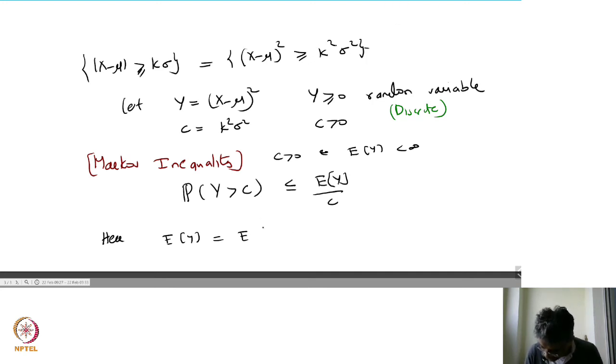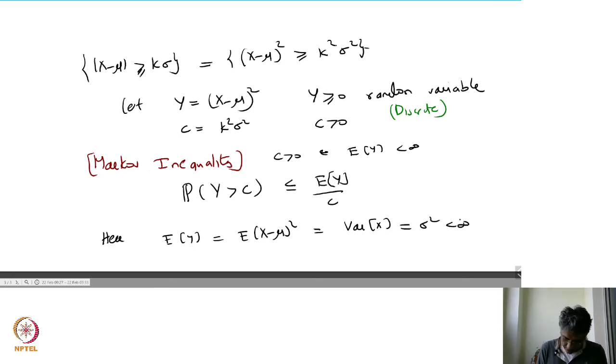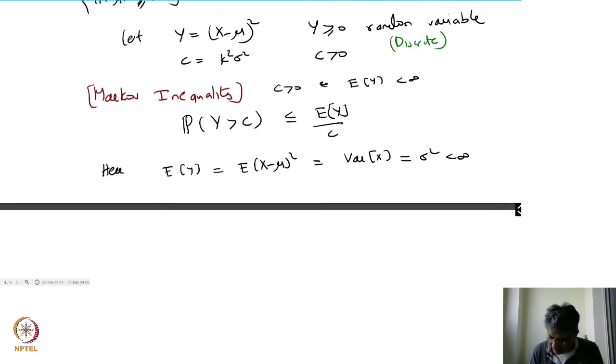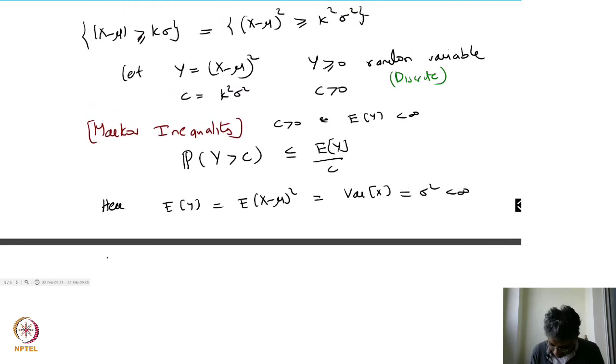X minus mu whole square. And that's just the variance of X, which is sigma squared, which is finite. So therefore, what do we have now? We have the probability of Y bigger than C. Let's call this the star.